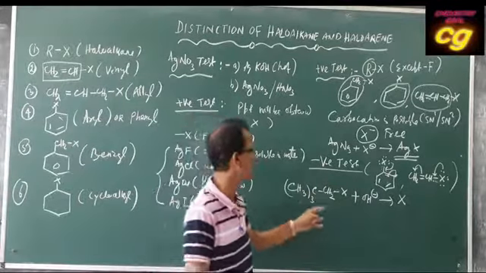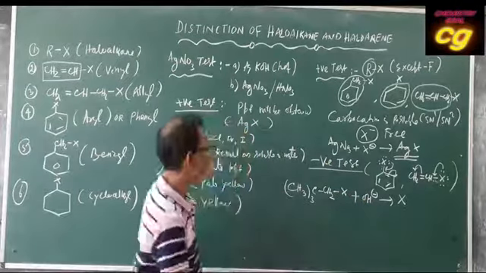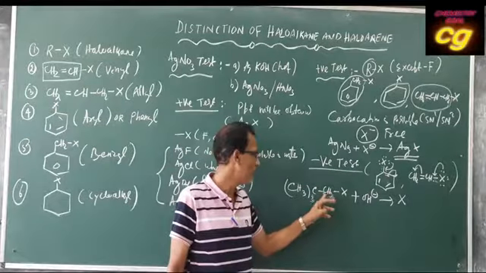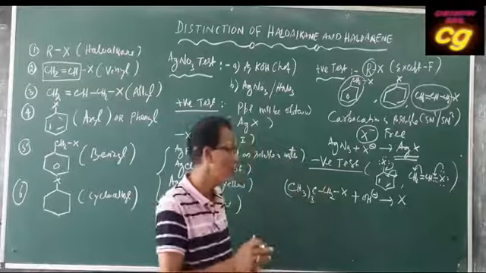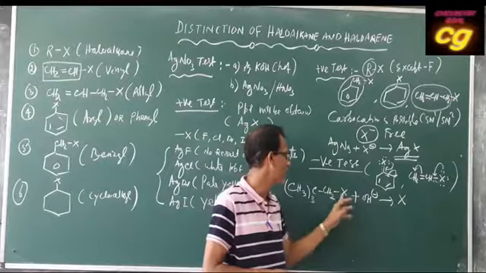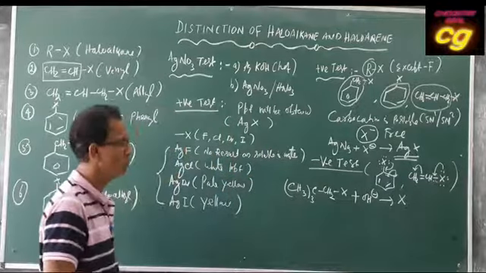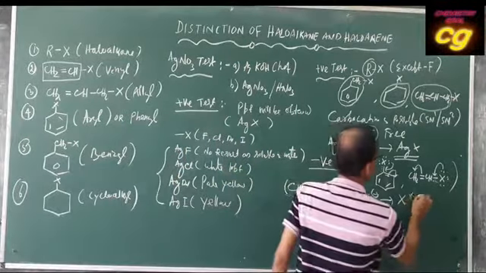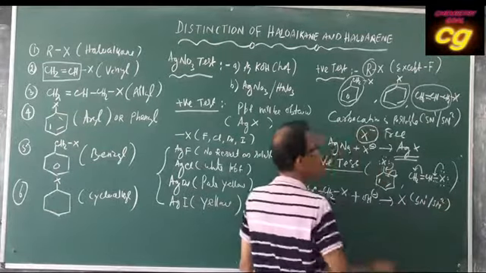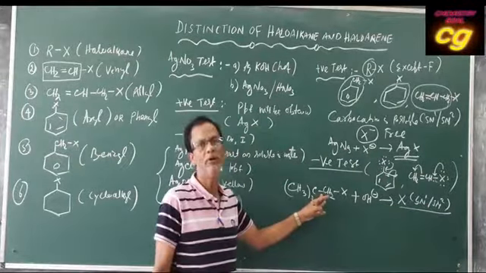The formation of X minus, that is the substitution reaction, will not take place due to the overcrowding of the carbon which is attached to the halogen. When the carbon is overcrowded and sterically protected, the nucleophile cannot attack this carbon. That's why it does not give SN1 reaction and SN2 reaction. It will not give, and that's why it will not give the silver nitrate test.